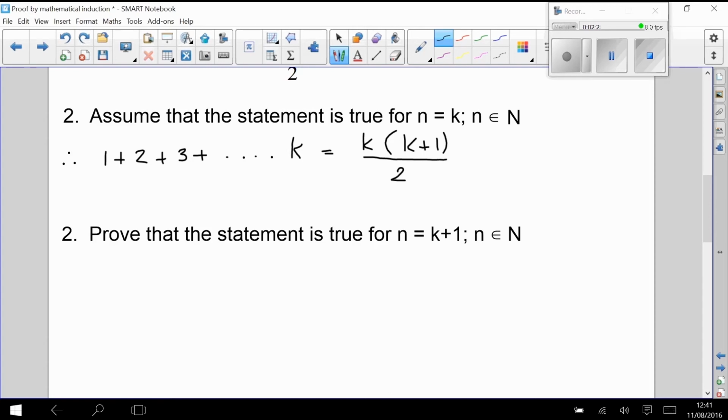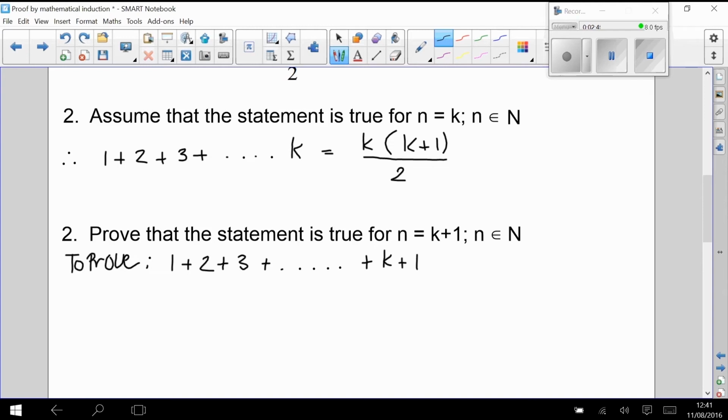I want to prove the following. I want to prove that if I take 1 plus 2 plus 3 and I go all the way up to k, but now instead of just k, I'm going to have k plus 1. So I'm going to go up to k plus 1.